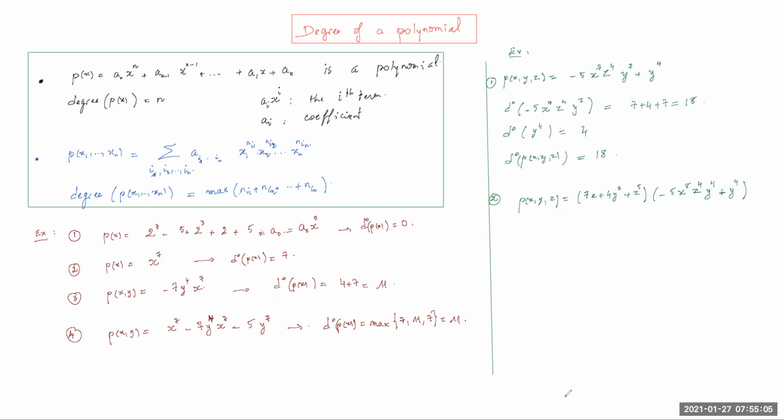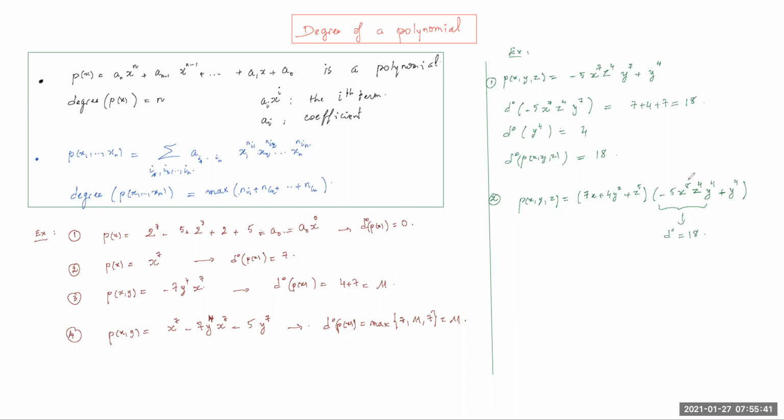A direct way to do it is to develop this expression, write it as a sum of simple terms, evaluate the degree of each term and look at the highest one. But we can avoid this long work. We can just see which one will give me the highest. I see here the degree of this term, we saw it, is 18.